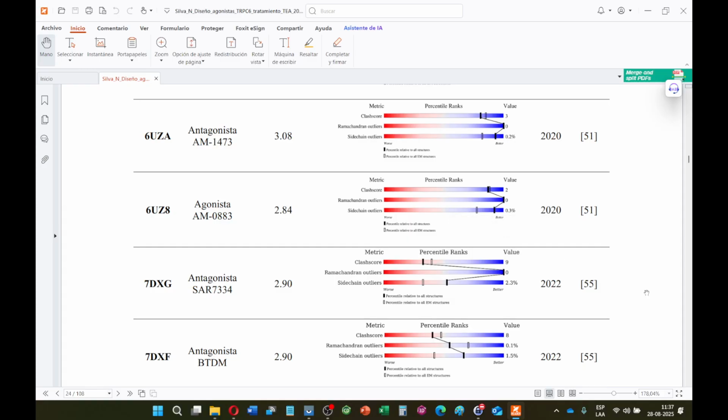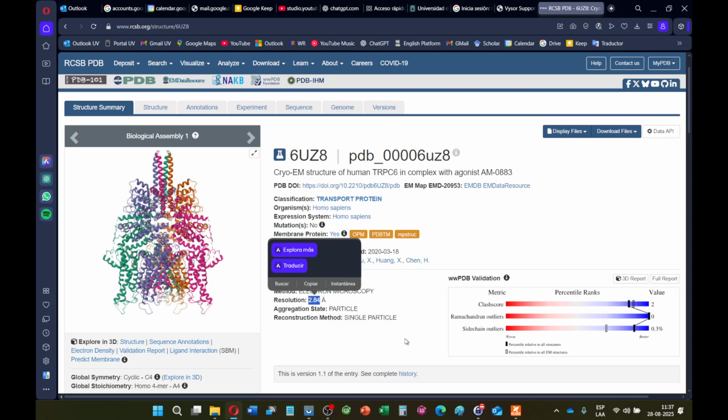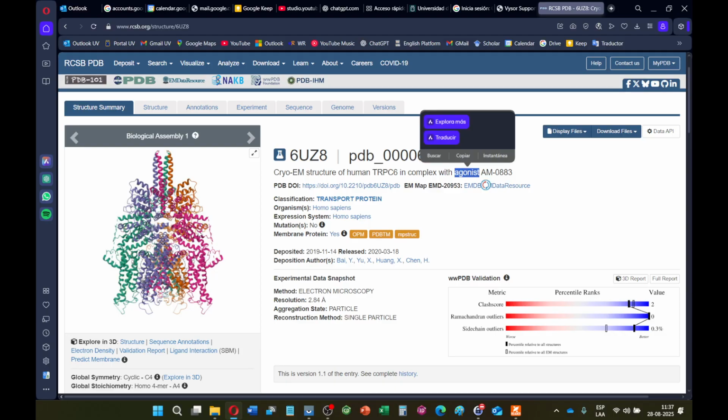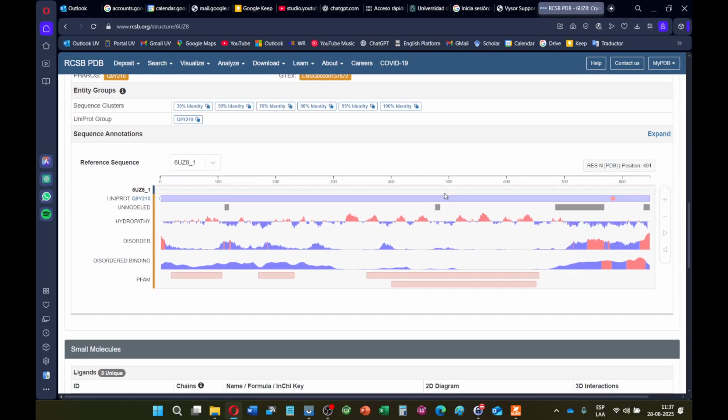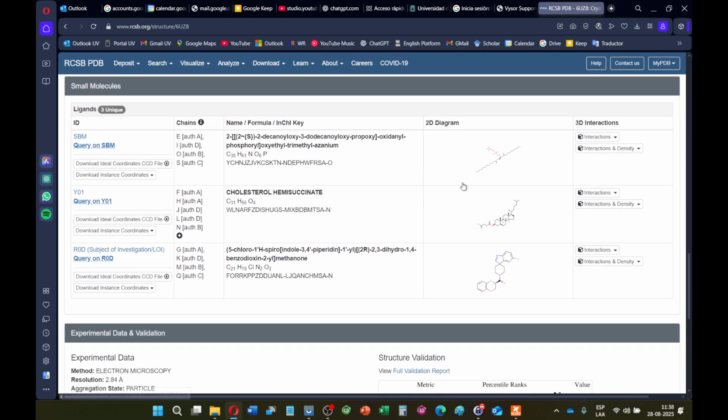in the context of a comparison. Within this website, you can take a lot of advantage of it if you want to directly see. For example, in this case in particular, the agonist cavity, as it says here, this molecule is crystallized with the agonist ligand, and 0883 is a synthetic compound, and probably if we go down here, here is the structure.